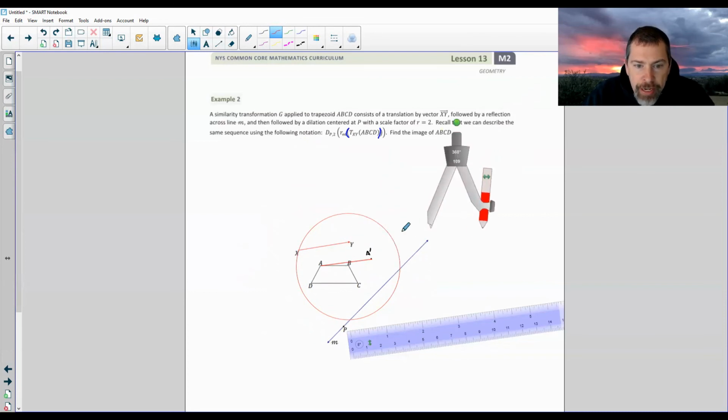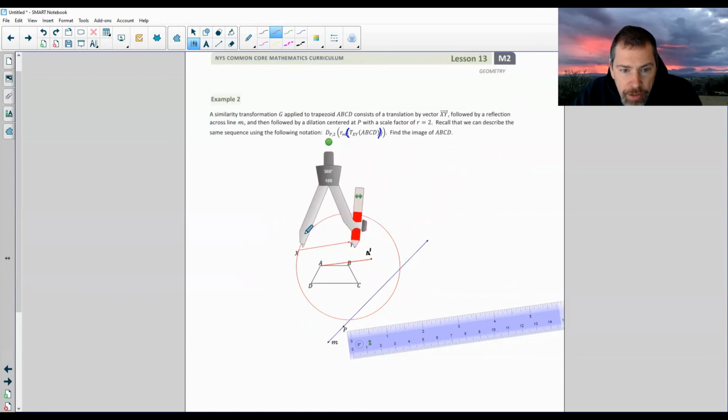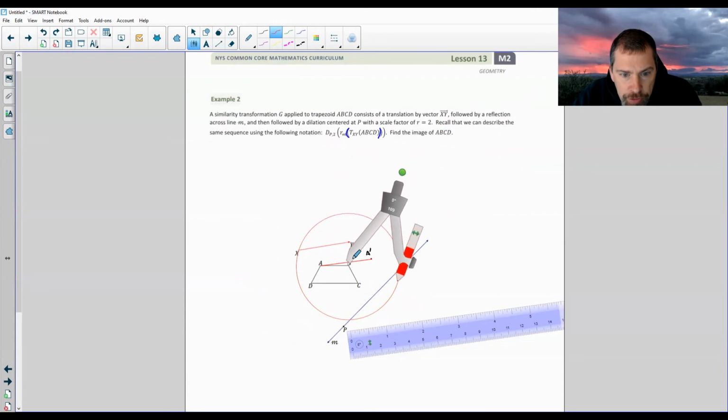So once I do that, I then need to draw a circle centered, or a circle with X. It's almost the same. So if I open this to XB and then bring this over, unfortunately, they've chosen a vector that will map B almost anywhere because this is going to give us the same circle.